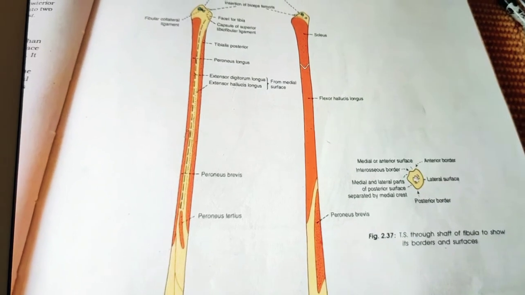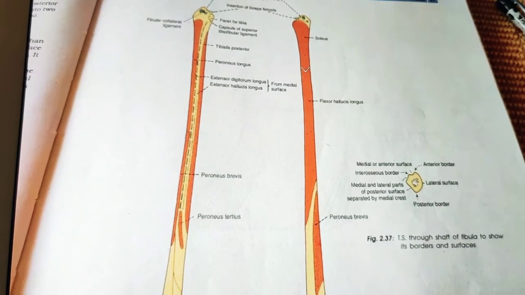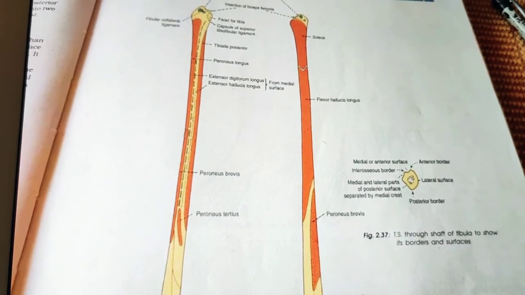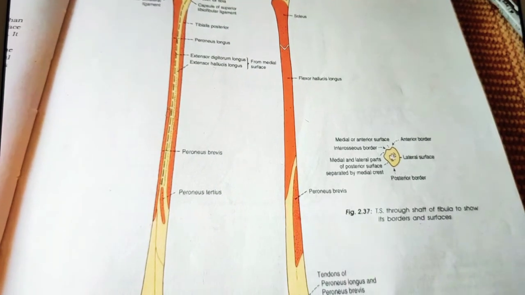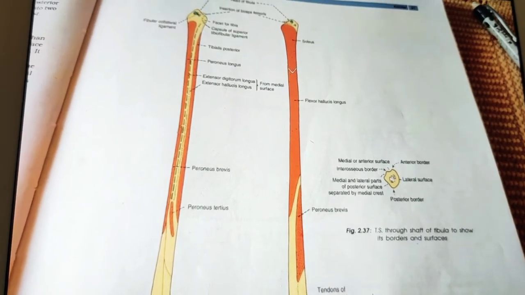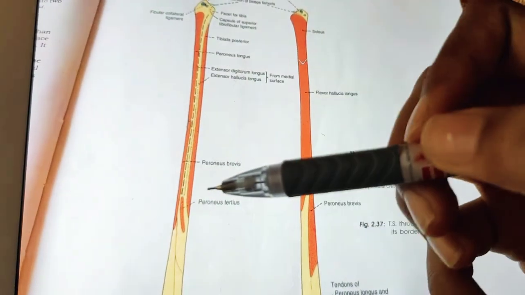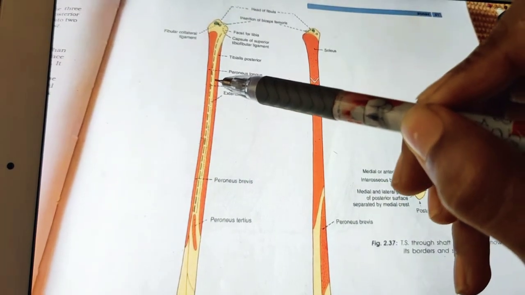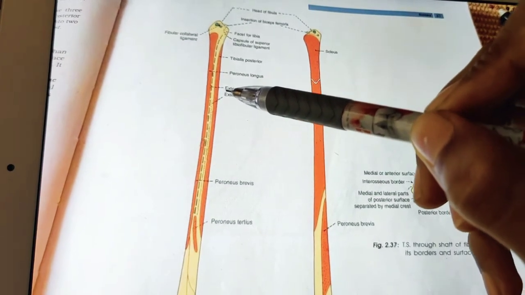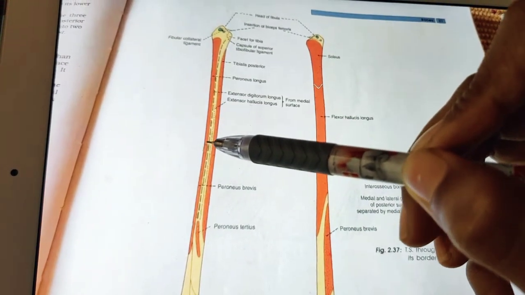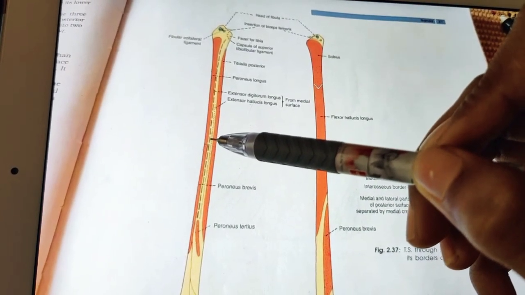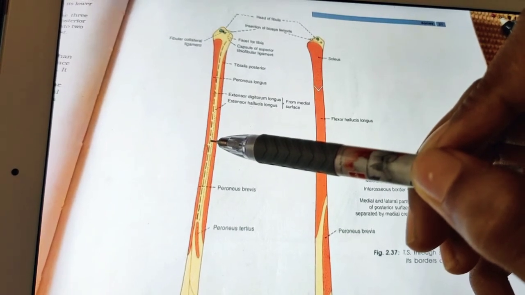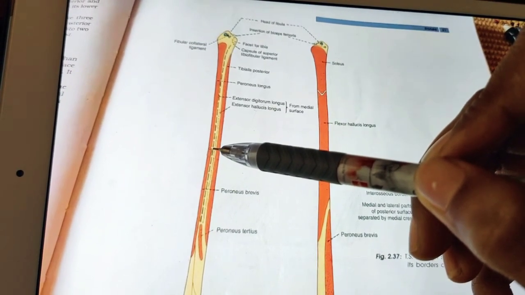Next you have the lateral surface of the shaft, which mainly gives origin to peroneus longus. This is the lateral surface of the shaft, and from its upper 1/3 and posterior half of middle 1/3 there is origin of peroneus longus.